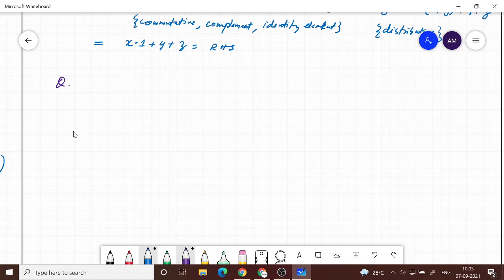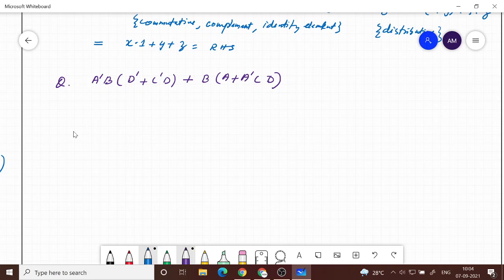So the problem is, in section 2.4: A dash B into D dash plus C dash D plus B into A plus A dash CD.